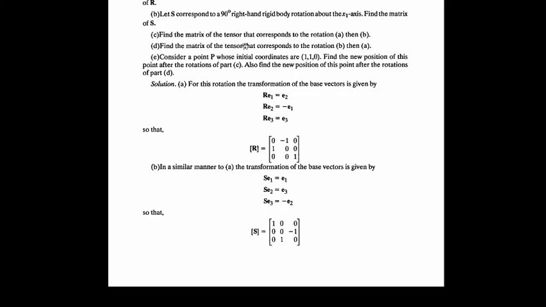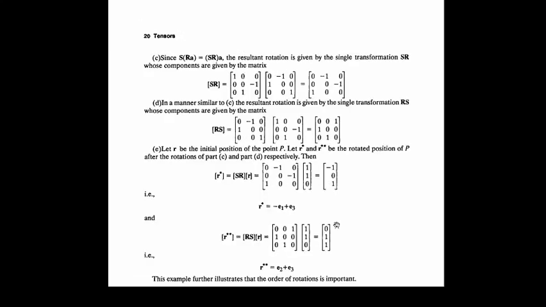But keep in mind that it is asking for the matrix of the tensor in which we take rotation A first, then B. So it would be R first, then S, so it would be SR. So we have to find the matrix SR. So this is S and this is R, so this is SR. In D you will first use B then A. So S first, R second.